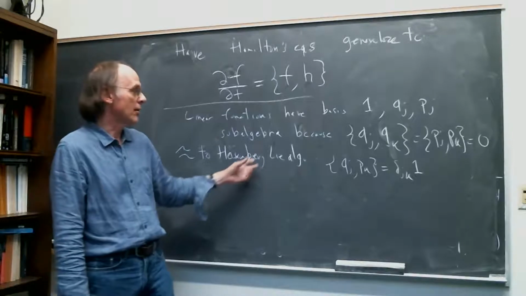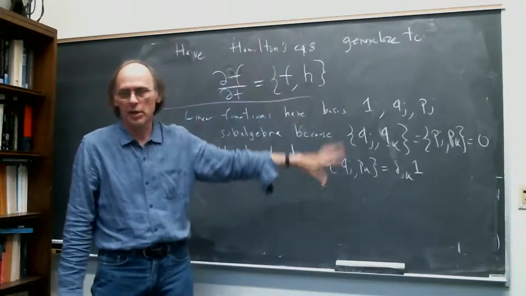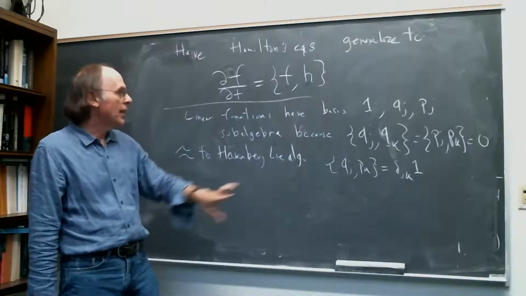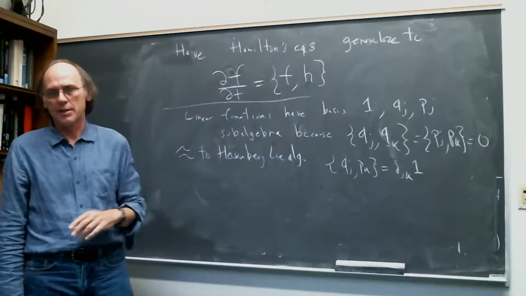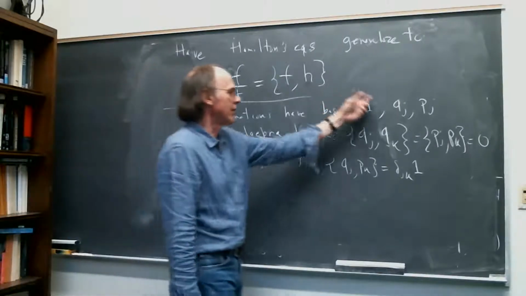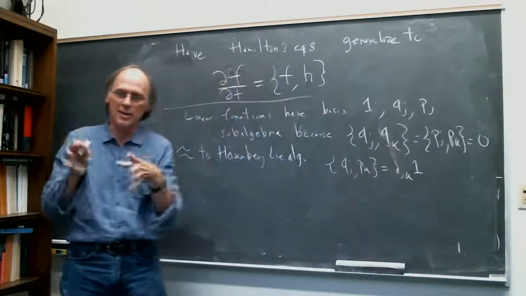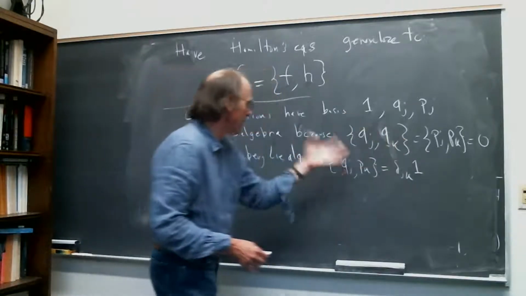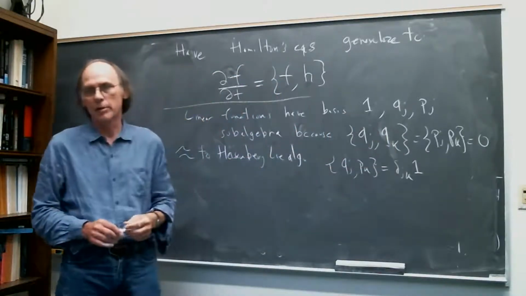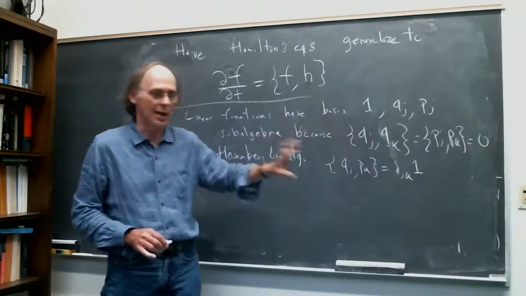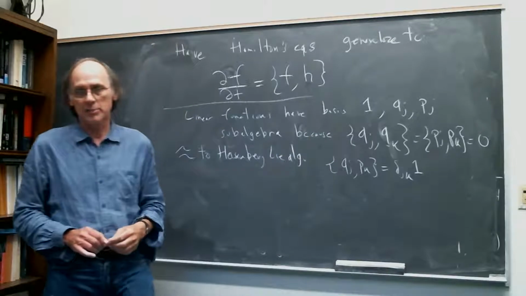Well, if you just do Hamiltonian mechanics and stick to looking at linear functions, the story is about the Heisenberg algebra. This is not very interesting in classical mechanics, but the algebra is already there.